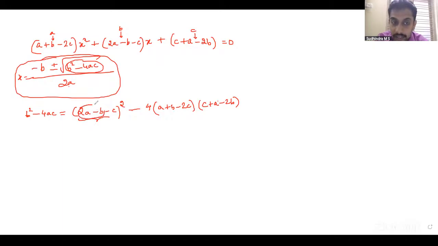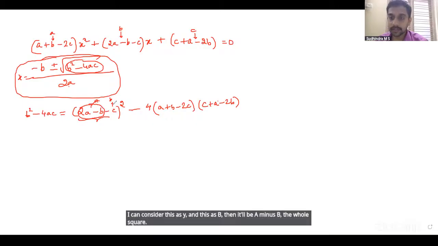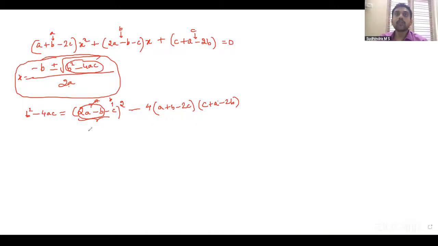I can consider this as a and this as b. Then it will be a minus b the whole square. Yes, sir. So what is the a minus b the whole square formula? A square plus b square minus 2ab.